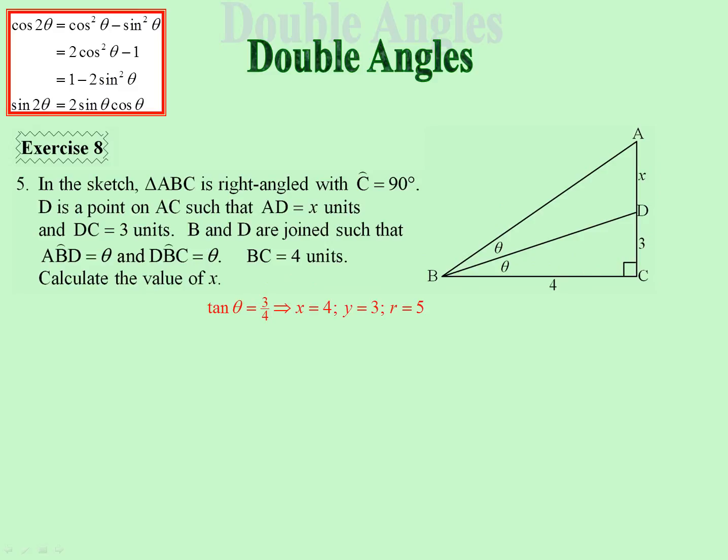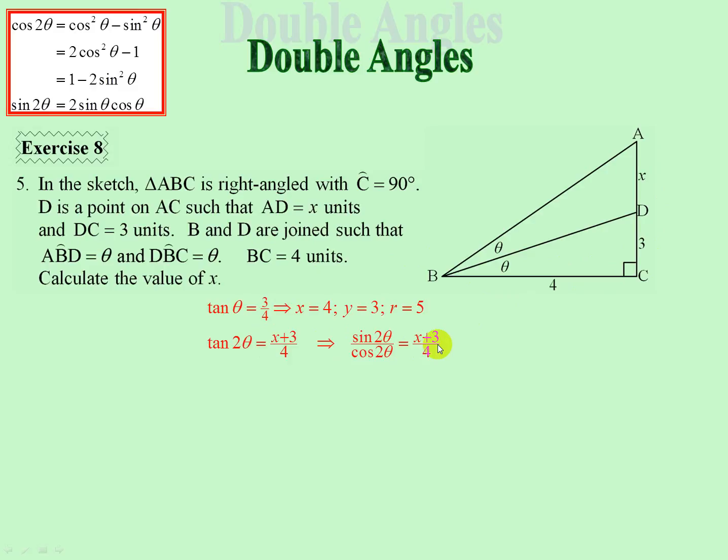So we now have x, y, r from the equation tan theta equals 3 over 4. So in fact we can now forget about the theta. We can now go for tan of 2 theta is x plus 3 over 4, which is sine 2 theta over cos 2 theta.